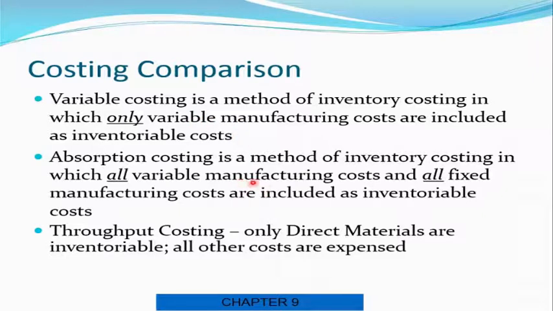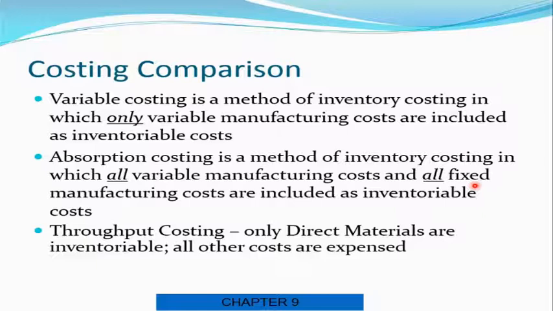Here we have direct materials, direct labor, variable manufacturing overhead, like variable costing, and fixed manufacturing overhead. So in absorption costing, the product cost has four elements.